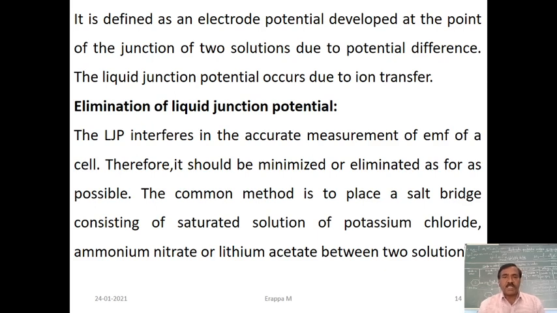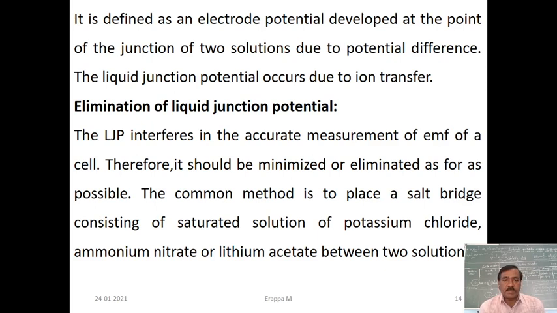It is defined as the potential developed at the point of junction of two solutions due to ion transfer. When two solutions of different concentration come in contact with each other, a potential is developed. That potential is called the liquid junction potential.